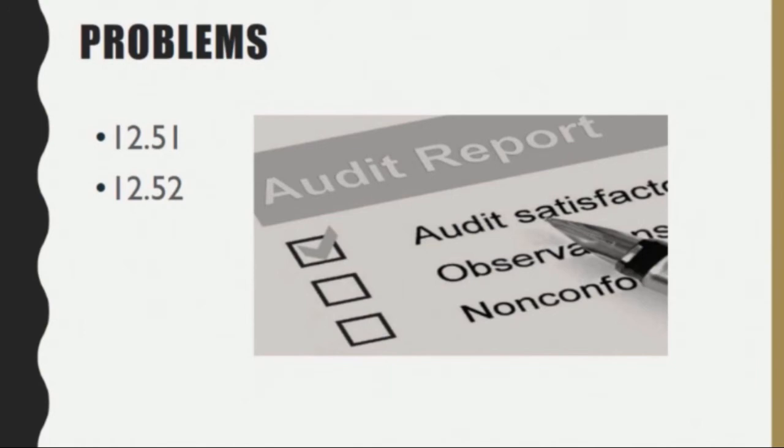So what happens in that situation, if the auditor believes it's justified, then they would just issue an unmodified opinion and add a consistency emphasis of matter paragraph after the opinion. If the auditor doesn't believe it's justified, then they can issue a qualified opinion.